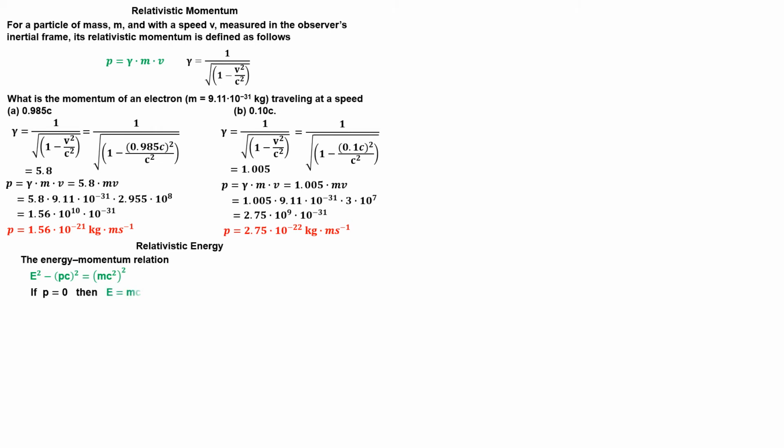In this special case, the total energy equals the rest energy. For the case of particles that have zero mass, such as photons which always travel at the speed of light, we find this short expression. The total energy is the sum of the rest energy and kinetic energy.